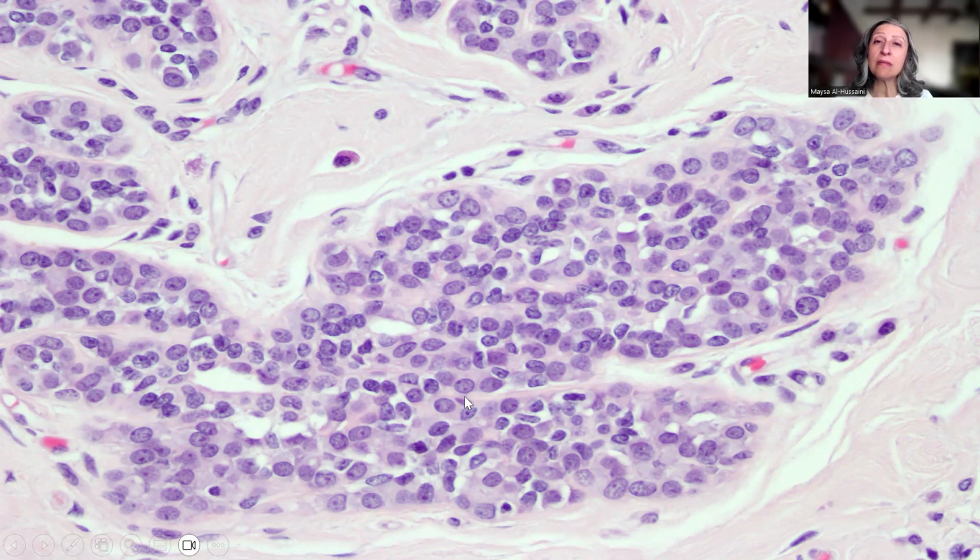One important slight tip that might help you to think of the diagnosis, although the lumen are completely expanded, and this is the term that they use in the WHO, for example, the lumen are expanded by this proliferation of cells, the cell membranes are not clear.